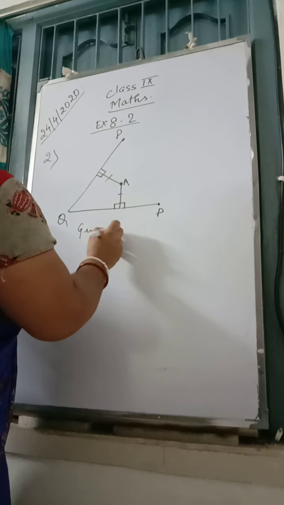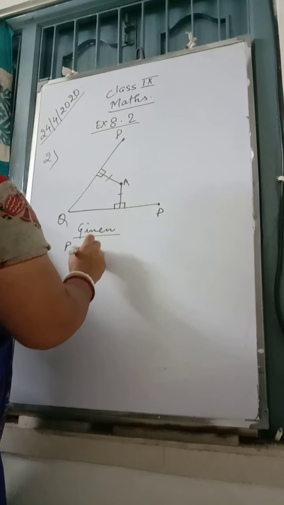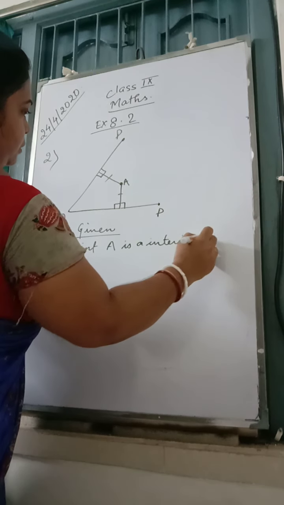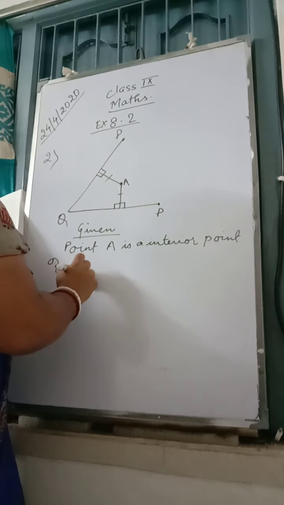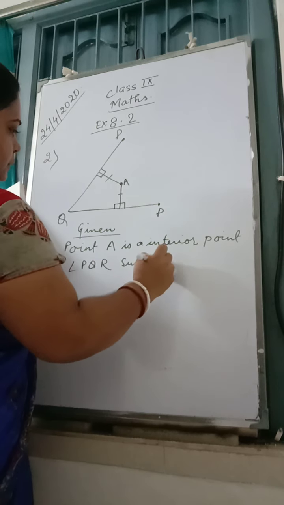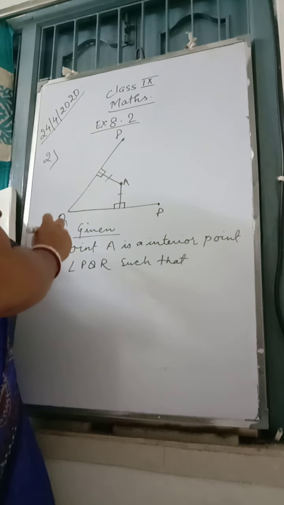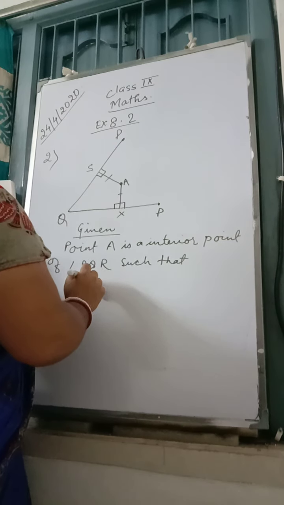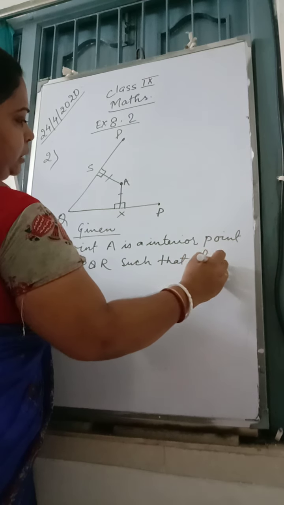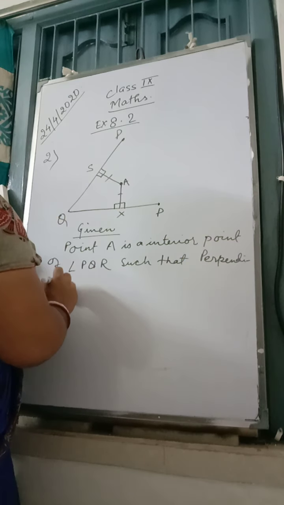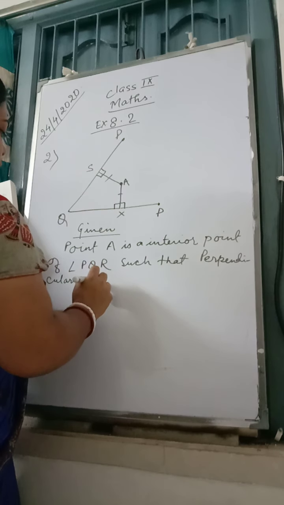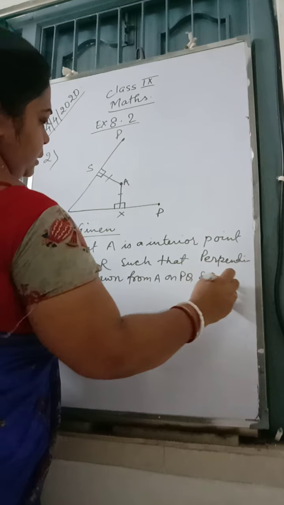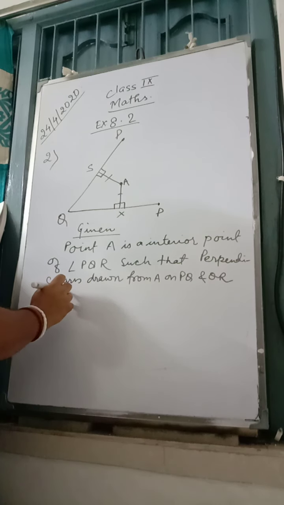We'll be writing given: point A is an interior point of angle PQR such that perpendiculars drawn from A on PQ and QR are equal respectively.